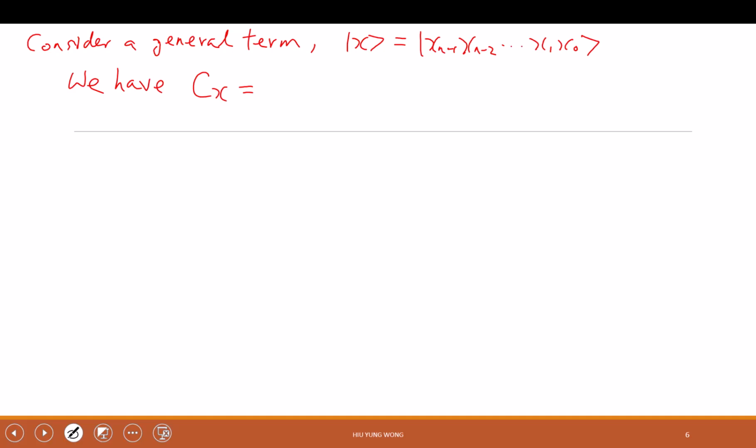It actually has negative 1 to the power xn minus 1 yn minus 1, negative 1 to the power xn minus 2 yn minus 2, and then all the way to negative 1 to the power x0 y0.